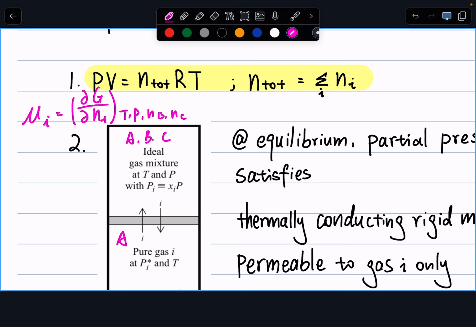The other way to put it is that mu A in my mixture is a function of temperature, pressure, mole fraction of A, mole fraction of B, mole fraction of C, etc. But it's really hard to evaluate this relationship because we have so many variables.